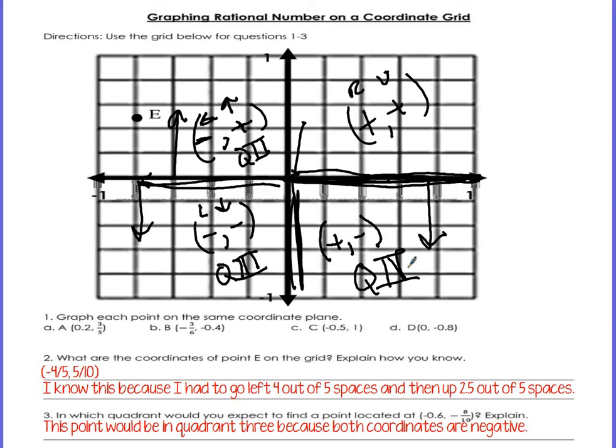Even if you don't have this memorized, you can visualize it in your head if you put two number lines together. One number line goes up and down, one goes left and right. This one is a positive, so I'd go to the right, and then this one is a negative, so I'd have to go down, so it's going to be in quadrant 4.